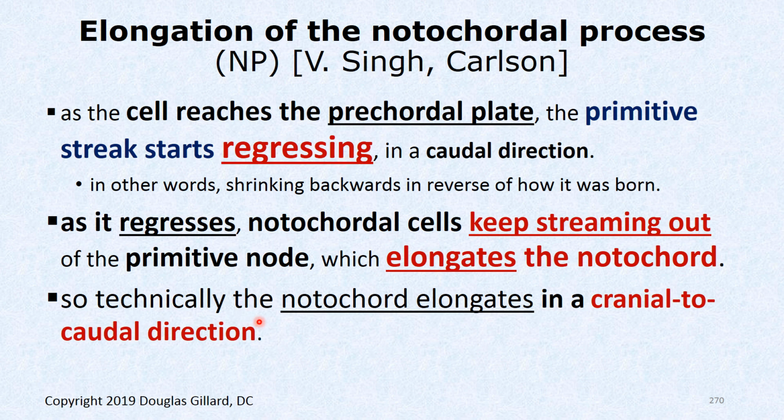So technically the nodal cord elongates in a cranial to caudal direction. It initially forms in a caudal to cranial direction, but once the cells bump into the prechordal plate, it elongates in a cranial to caudal direction. That's a good test question.